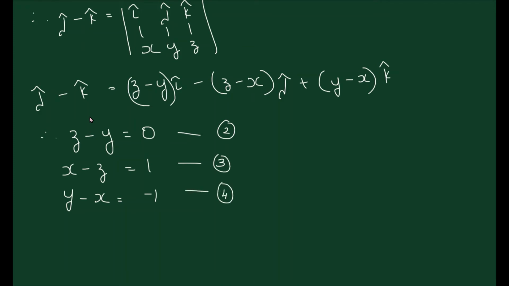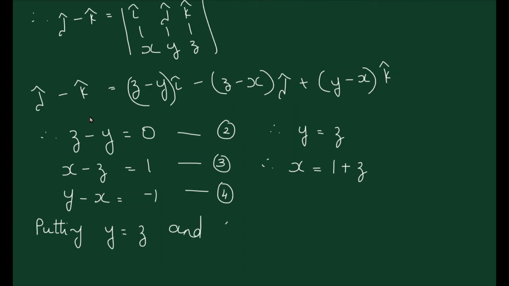Now, from 2, we are going to get Y is equal to Z. And similarly, from statement 3, we get X is equal to 1 plus Z. So, putting Y is equal to Z and X is equal to 1 plus Z in equation 1.